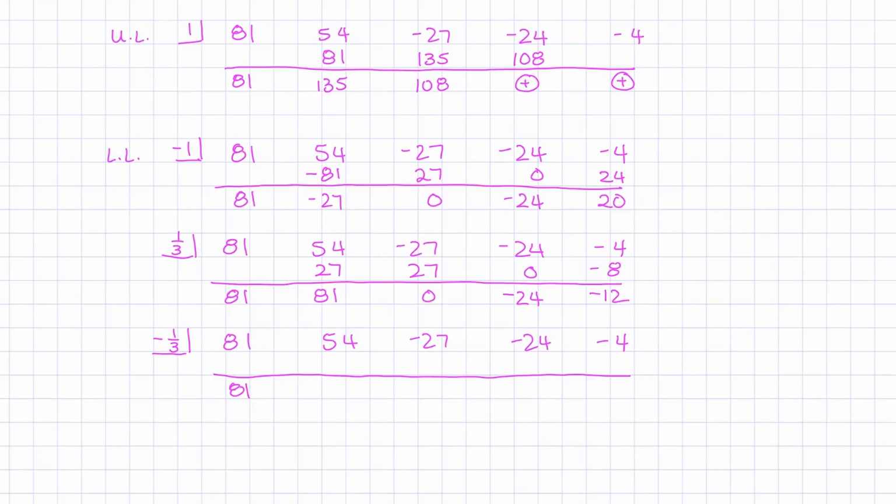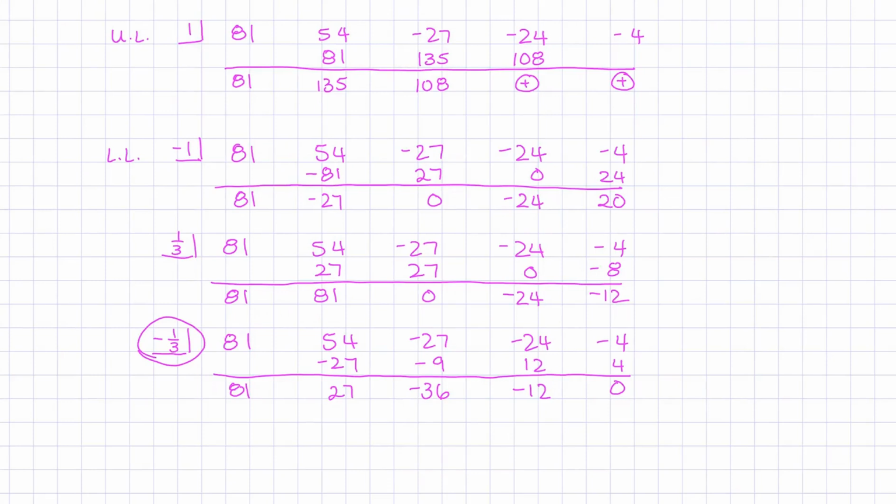All right, so -1/3 of 81 is -27, and we add. -1/3 of 27 is -9, and we add. -1/3 of -36 is 12, and we add. And -1/3 of -12 is +4. Oh, yay! We found one! -1/3 is 0.